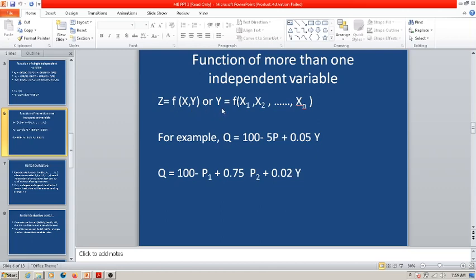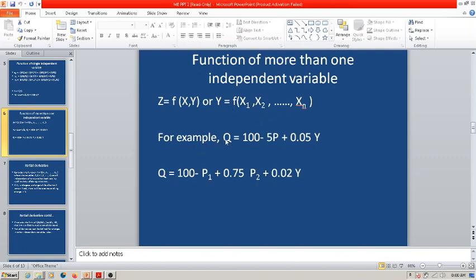Or you can go with this expression y is equal to f of x1, x2, etc. up to xn. Here, any number of independent variables can be incorporated from x1 up to xn. Here, the dependent variable y is influenced by all of these.